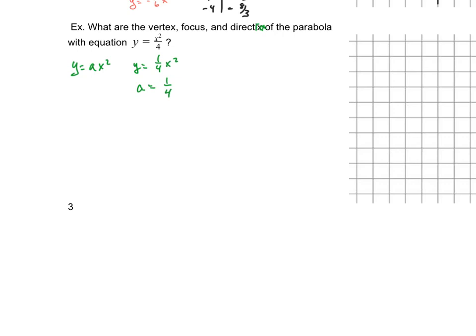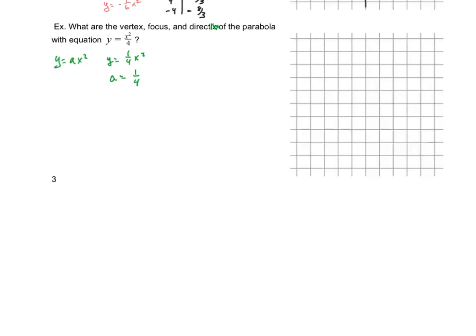Let's see. Since this is going to be a vertical parabola, we know that the vertex is going to be at the origin.